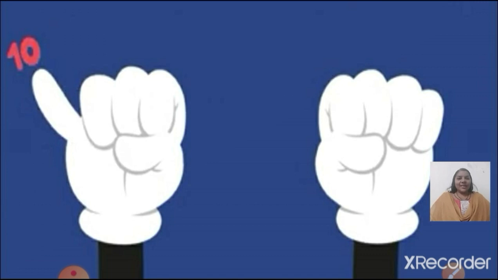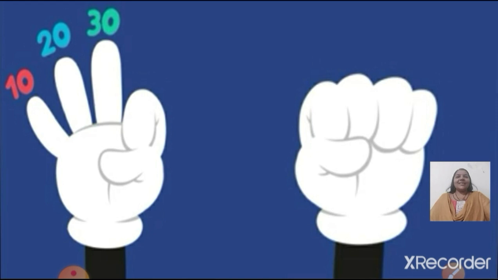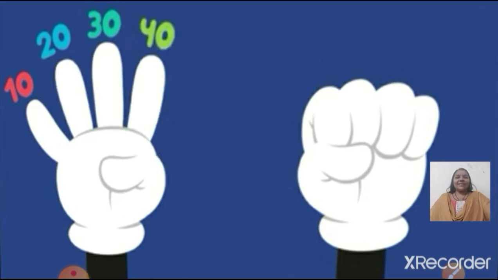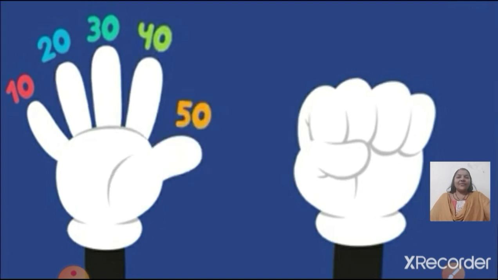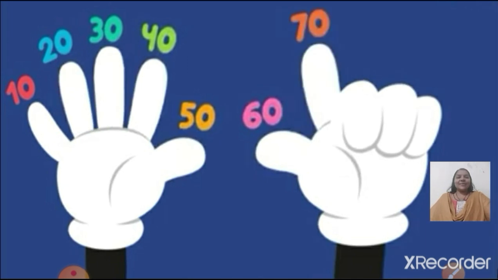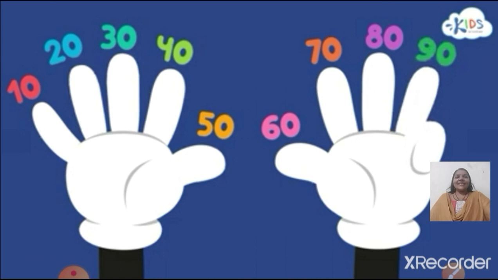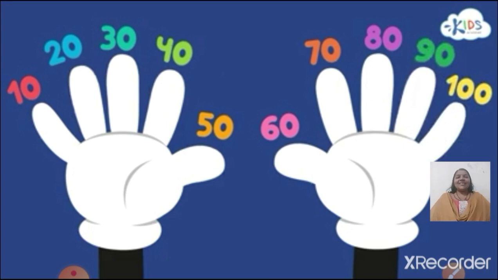So 10 objects make 1 ten. 1 ten means 10. 2 tens means 20. 3 tens means 30. 4 tens means 40. 5 tens means 50. 6 tens means 60. 7 tens means 70. 8 tens means 80. 9 tens means 90. And 10 tens means how much, children?